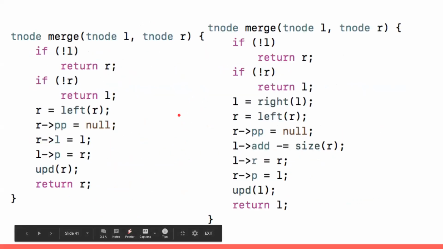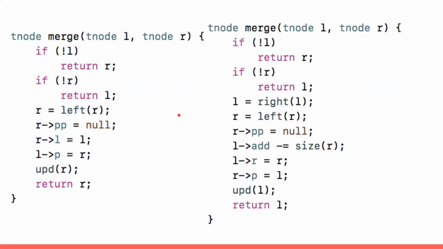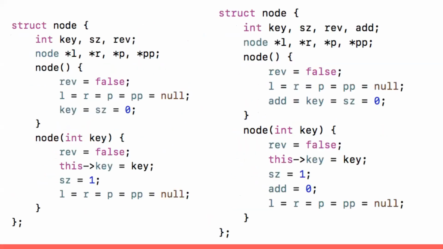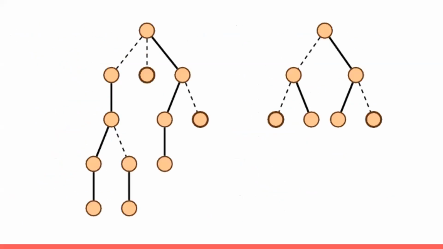So merge. What's the difference in our merge? If we merge two elements, it means that there was a light edge between two paths, between two vertices. So what is add? Add for some vertex is the number of vertices that are connected by light edge.